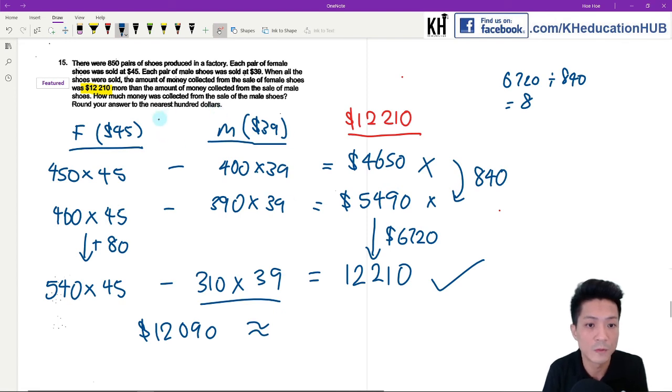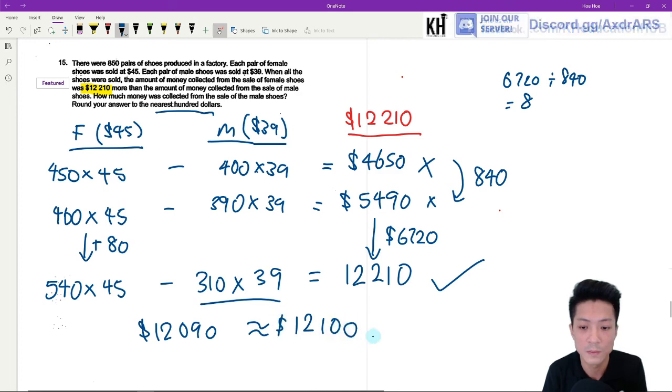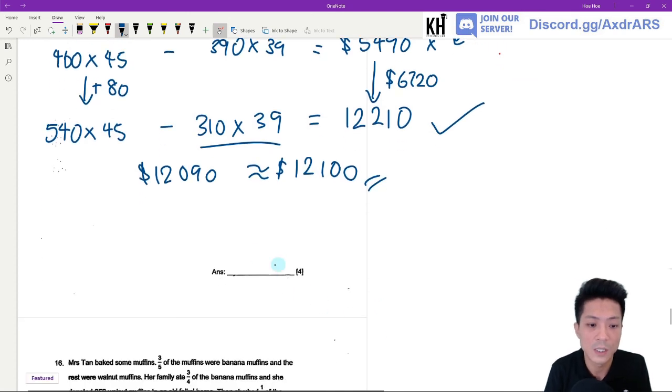Remember, you need to round it off to the nearest $100, which will give me 12,100. So this is the answer for this question.